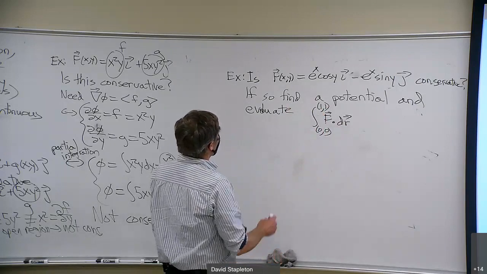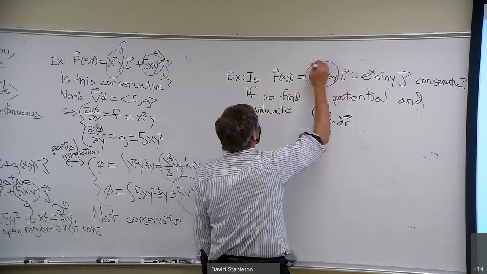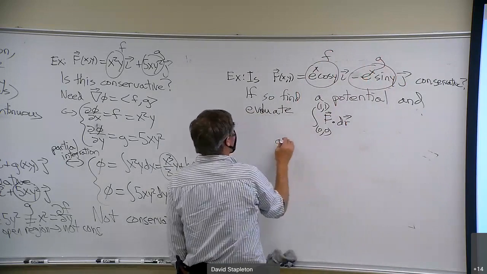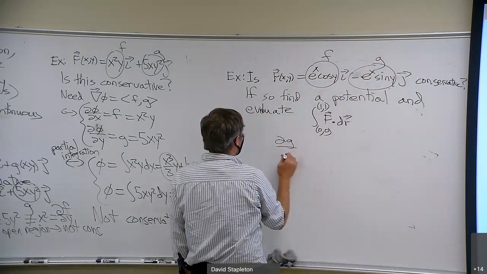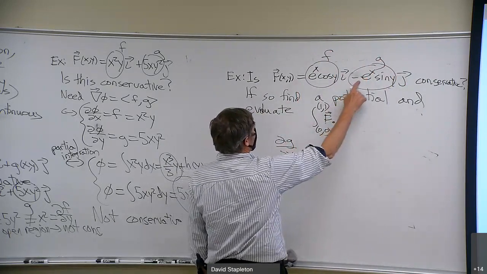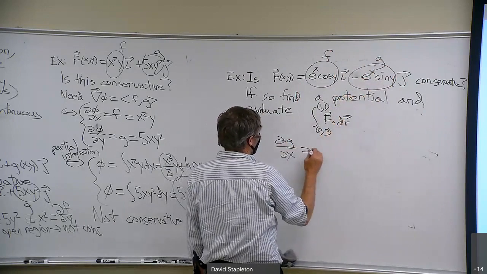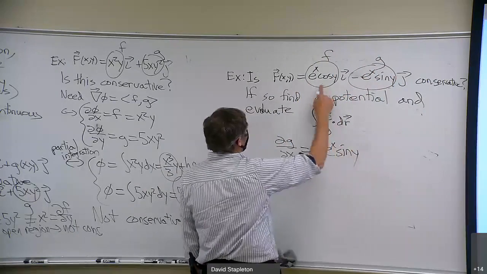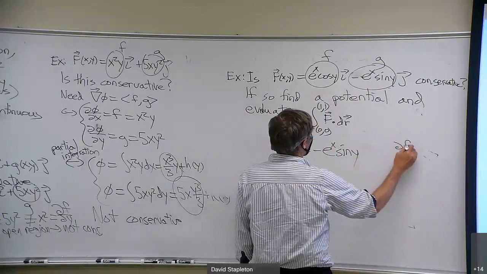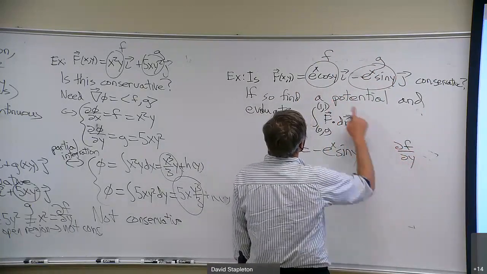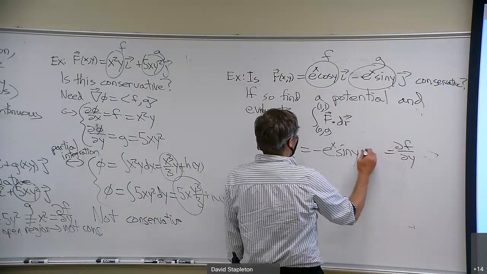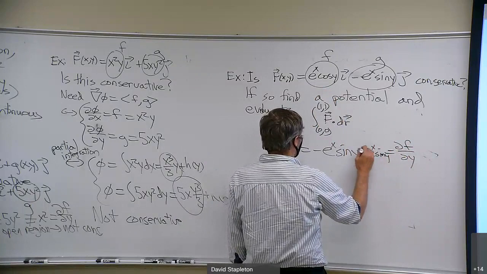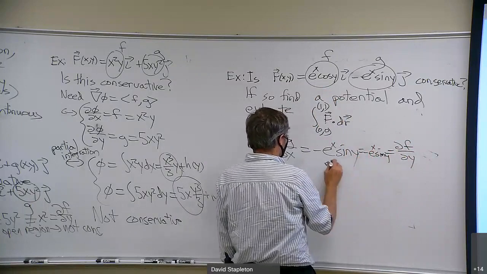So is it conservative? Well, this is F and this is G. dG/dx is the derivative with respect to x of minus e to the x sine y, which is minus e to the x sine y, right? Well, what's dF/dy? That's also minus e to the x sine y. These are equal everywhere.